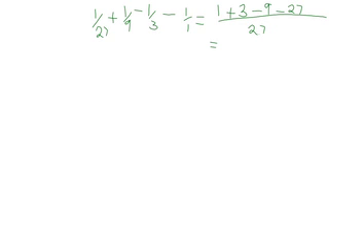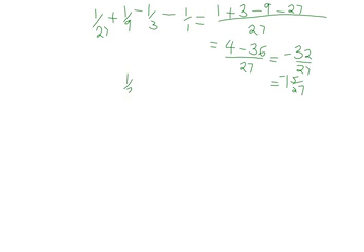So this will be 4 minus 36 over 27, which is negative 32 over 27. So the other stationary point is a third, comma, negative 32 over 27.